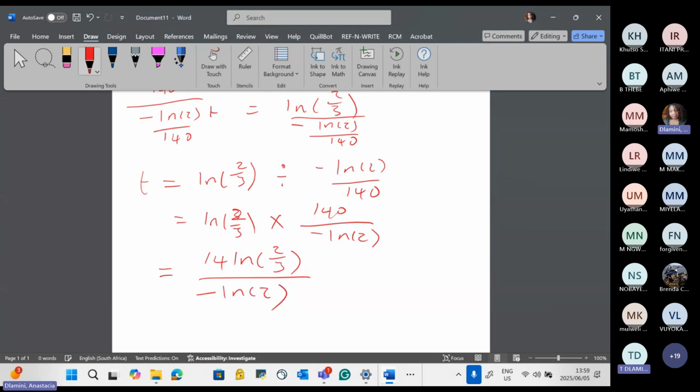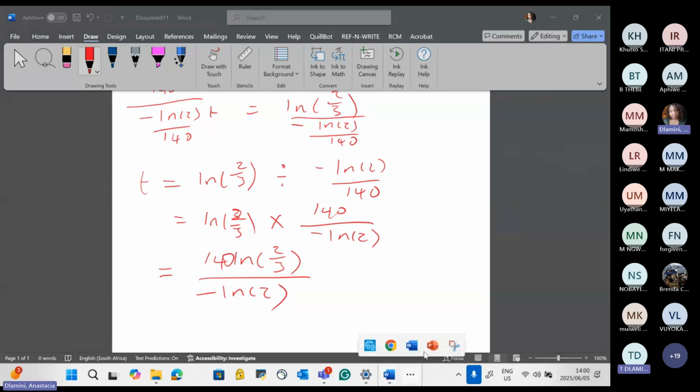Are we all together? That's our T. We can't multiply those out, so we just leave it like that. There's nothing more we can do. You don't want to simplify on top and say 140 open bracket ln of 2 minus ln. Just leave it like that.